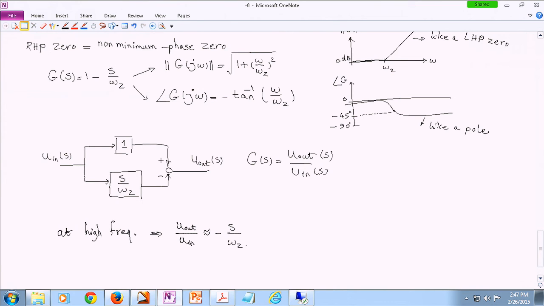So the indication here is that at very large frequencies, there is a negative sign which relates the input and output changes. So the input and output of the system are going in opposite directions, basically. That's why it's a non-minimum phase system. So for instance, you're trying to increase your output, but you have to decrease your input to increase your output, something like that.